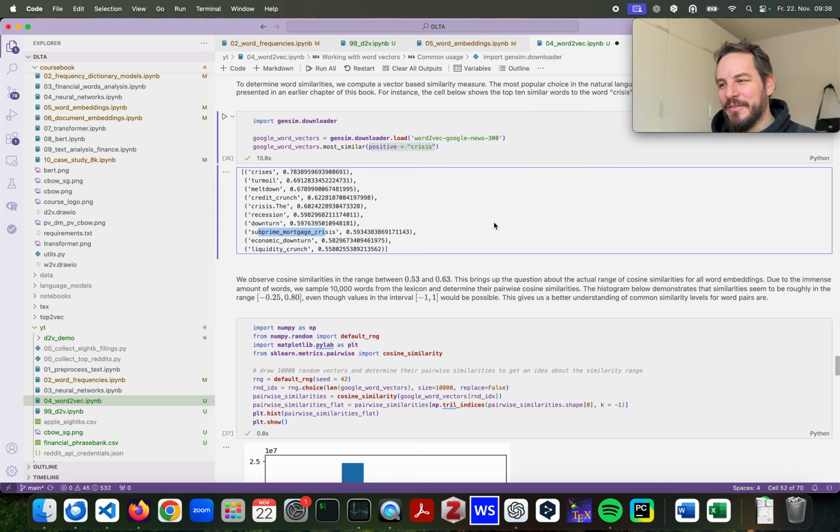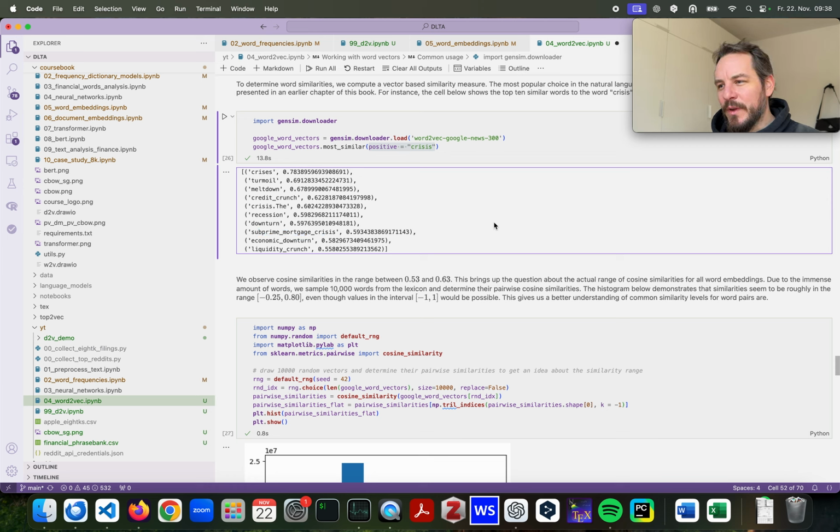But if you have learned how the model is trained, no big surprise, because in 2008 there was the great financial crisis, triggered by the subprime mortgage crisis and the downfall of the Lehman Brothers Bank. This is why crisis is also very related to subprime mortgage crisis.